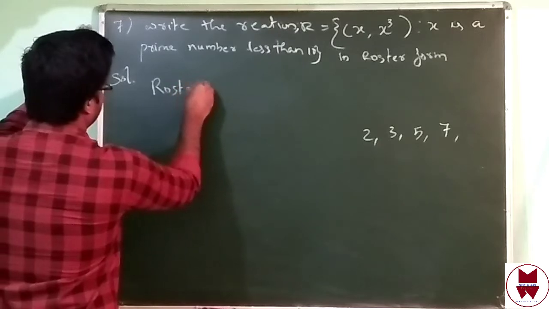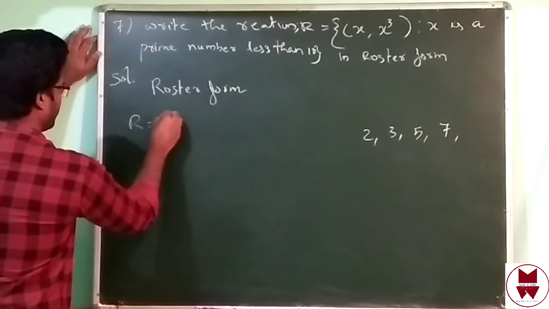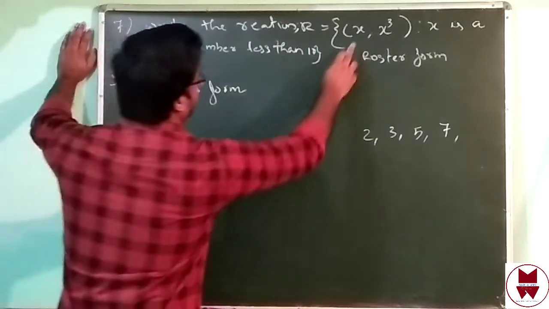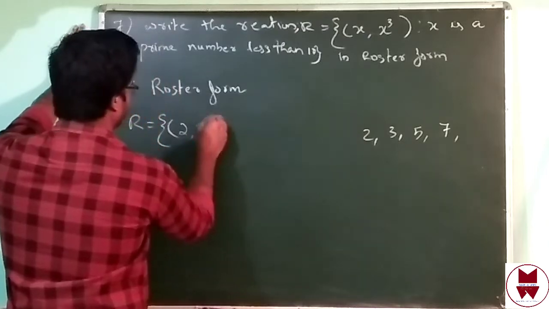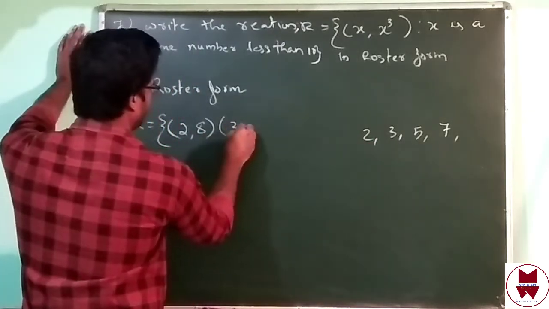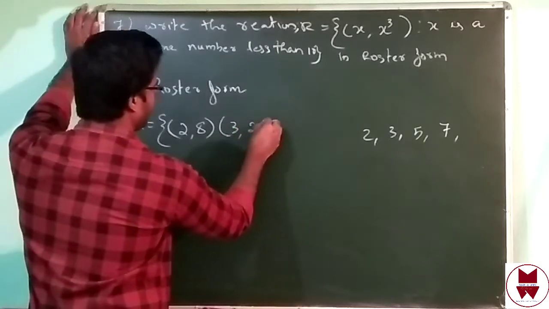Roster: R equals the set {(x, x cube)}. First take 2. 2 cube is 8. Then take the next number 3. 3 cube is 3 into 3 into 3, 27.